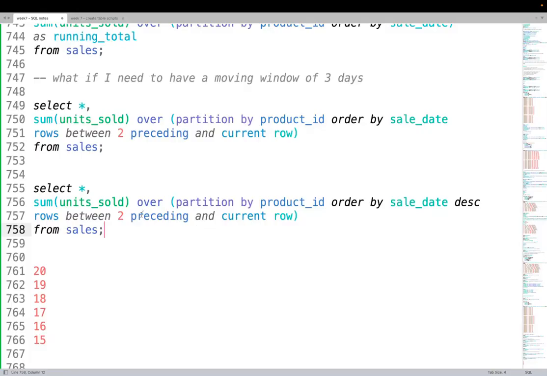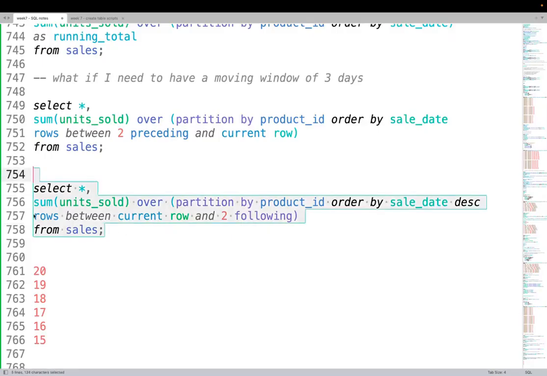So you will say rows between current row and two following. Let's say someone asks you on 18th, what is the total product sold in last 3 days? Then you will say rows between current row and two following. So instead of two preceding, now we have two following.